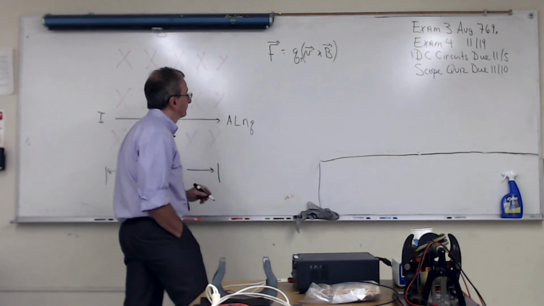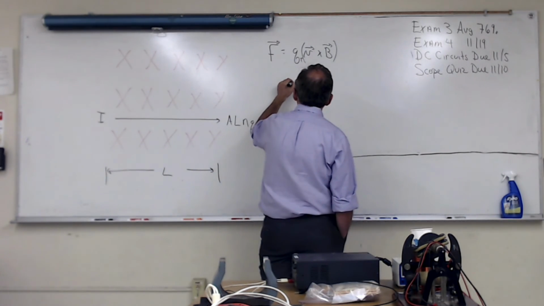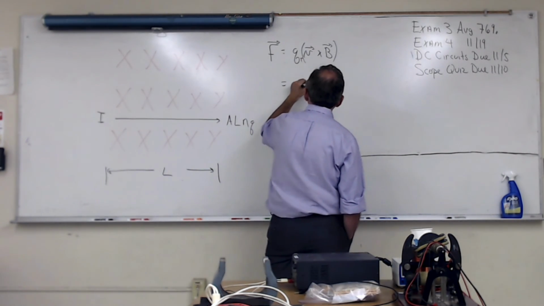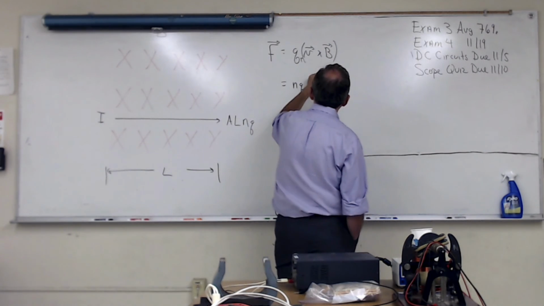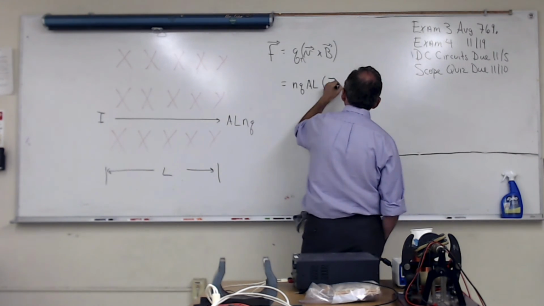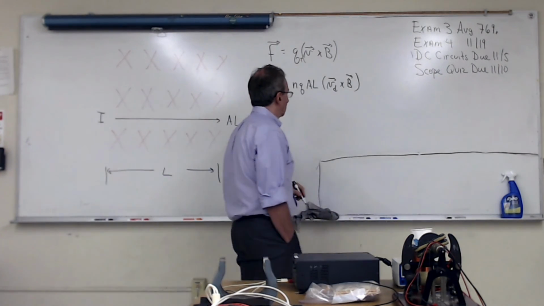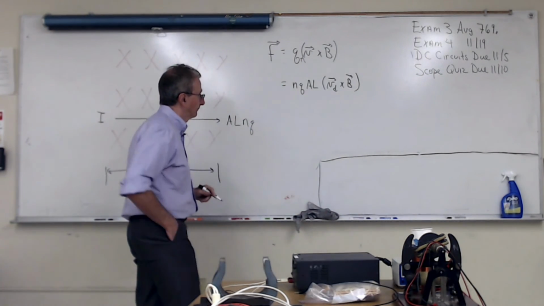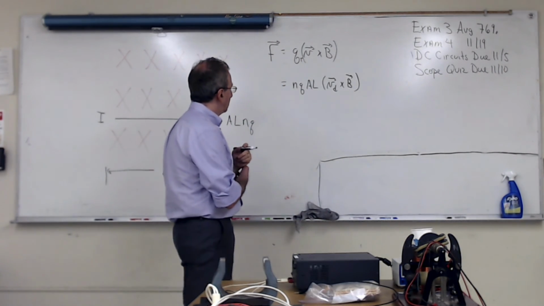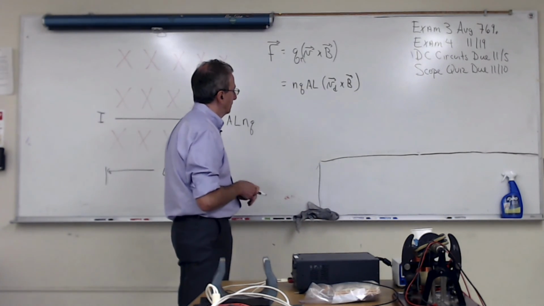Okay? So I'm going to write it like this. N times Q times A times L. And this V, though, is the drift velocity of the electrons in the wire. Well, let's leave it at that for now.